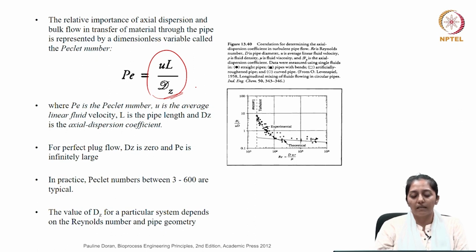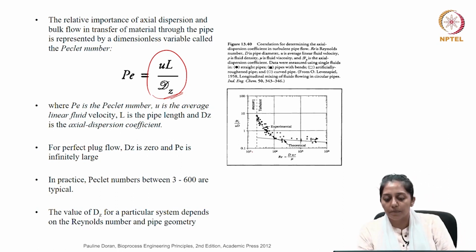Now, in practical situations, the Peclet numbers are found to vary within a big range, from very small values, singular values like 3, to 600. The value of the dispersion coefficient for particular systems further depends on the Reynolds number and the pipe geometry.